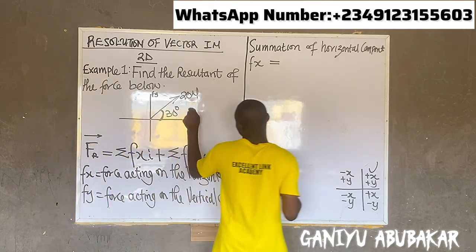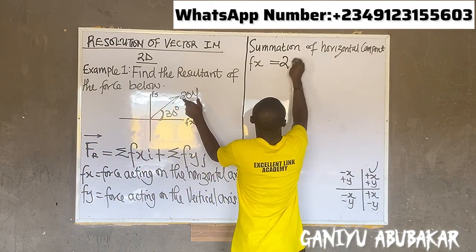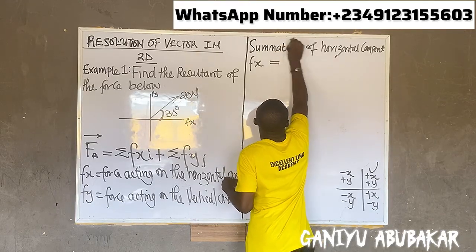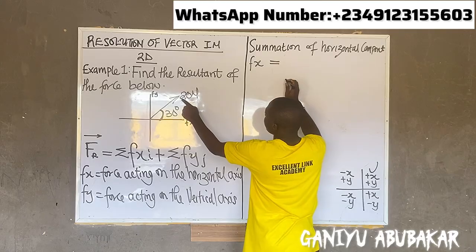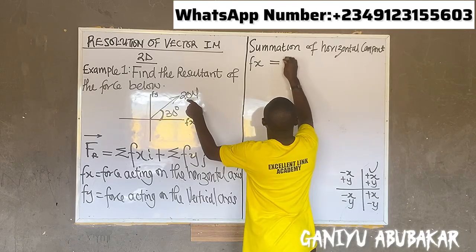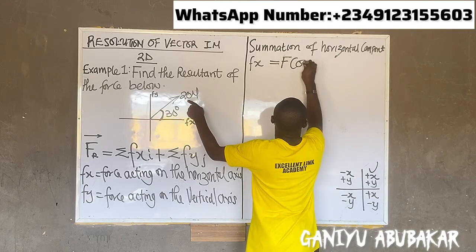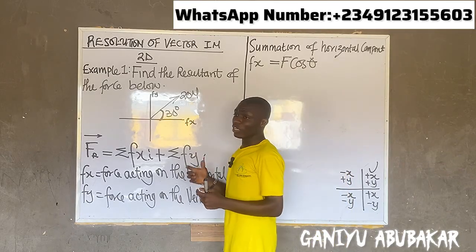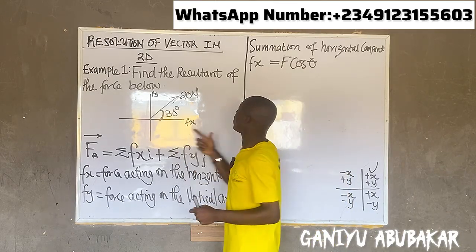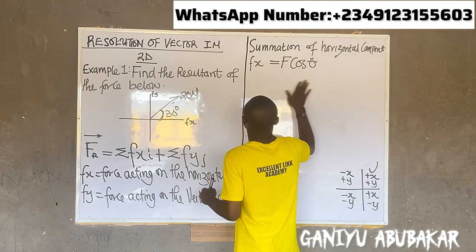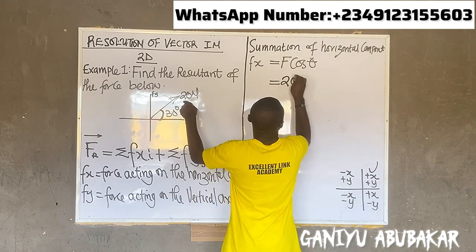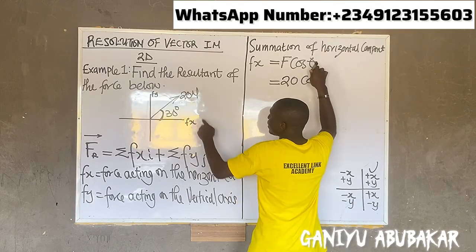So take the force first, that gives you 20 Newton. That will become F cos theta. If you check your notes, Fx for case 1 was F cos theta. In this case, F becomes 20, and theta is 30.